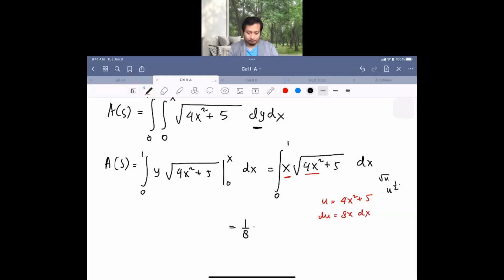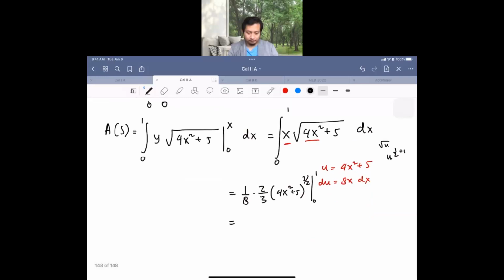So u to the one-half plus 1 gives 3 over 2, so 2 over 3, times 4x squared plus 5 to the 3 over 2, and it goes from 0 to 1. So this will be 1 over 12. 4 plus 5 is 9, so it's 27 minus 5 square root of 5. This will be the surface area.